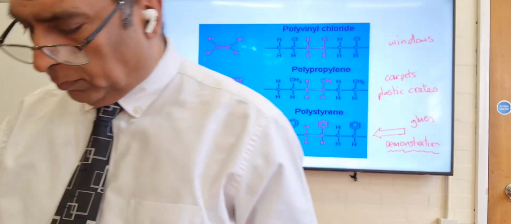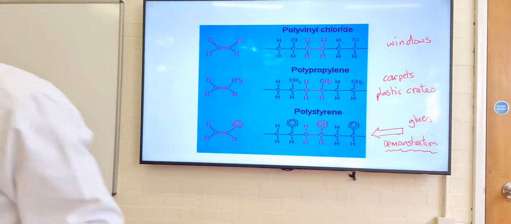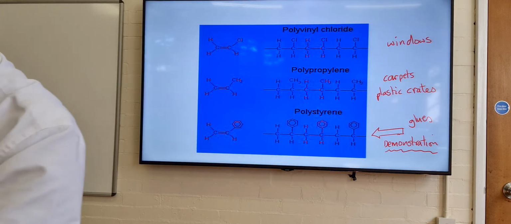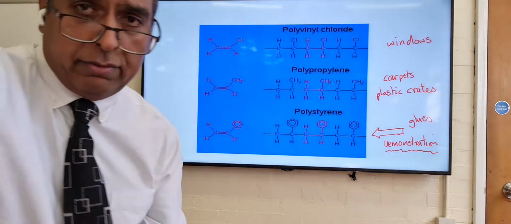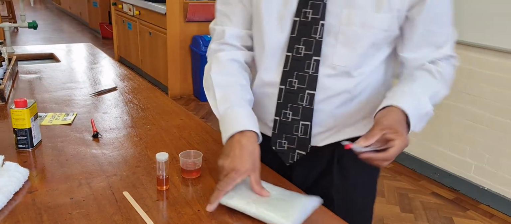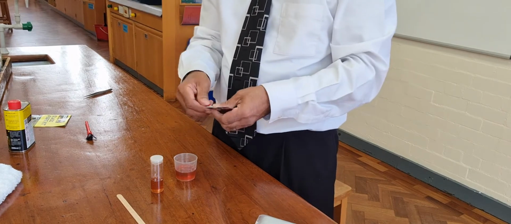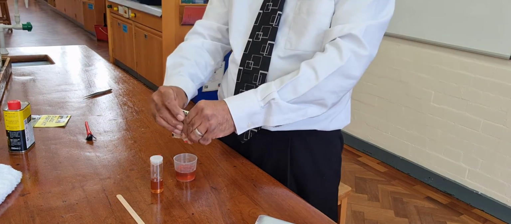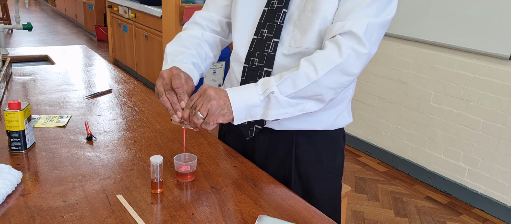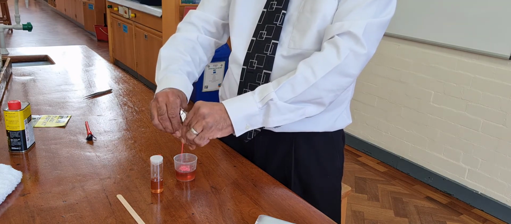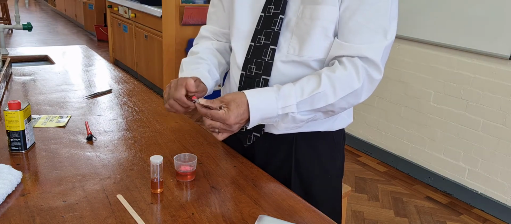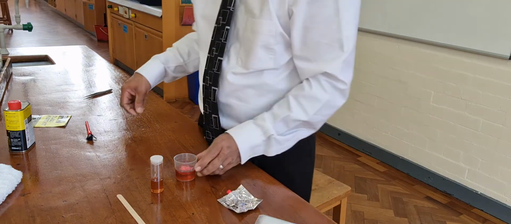Right, I might put more hardener in while I'm here, otherwise it will have to extend to another video. So let's go down and put more hardener in. That's more catalyst.